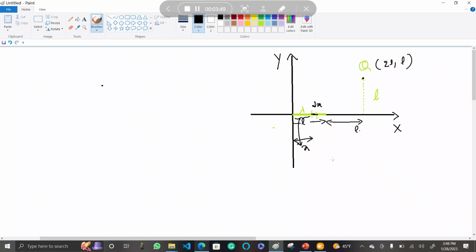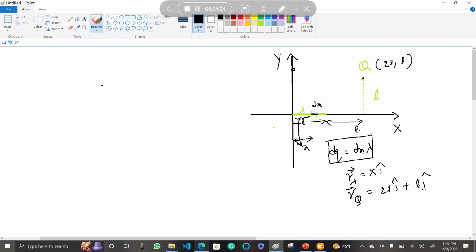Then the charge carried by that small element is its length times lambda. This is the charge carried by that small length element, and the position vector of that small length element is x along the x-axis. The position vector of q is 2L i plus L j.